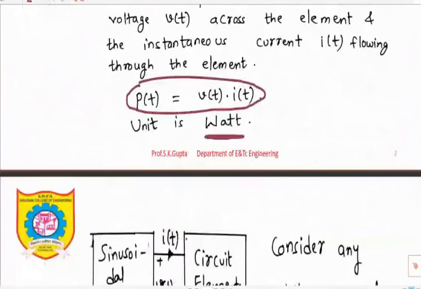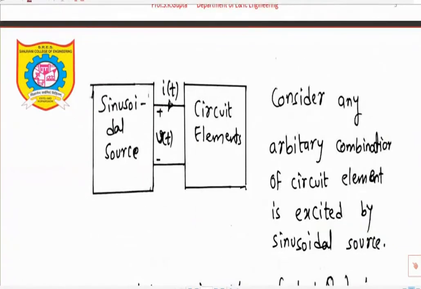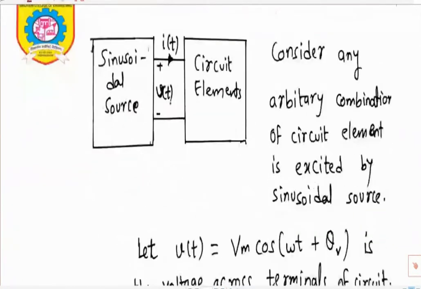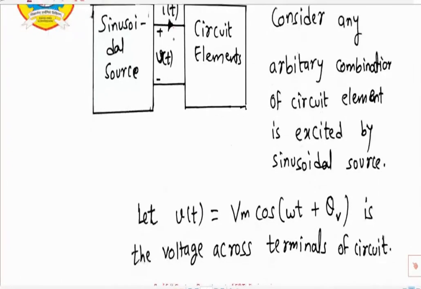So consider one sinusoidal source is present and it is providing voltage and current to an arbitrary combination of circuit elements. So this V of t is the voltage across the terminals of the circuit and I of t is the current flowing in the circuit elements. Let V of t equal to Vm cos(omega t plus theta V), where Vm is the peak amplitude of voltage and theta V is the phase angle of the voltage.